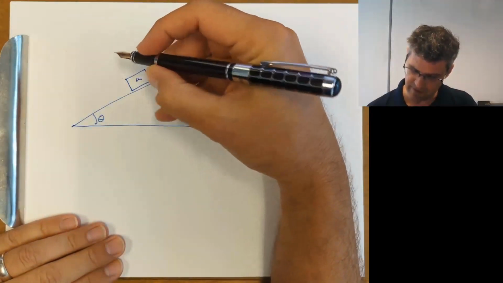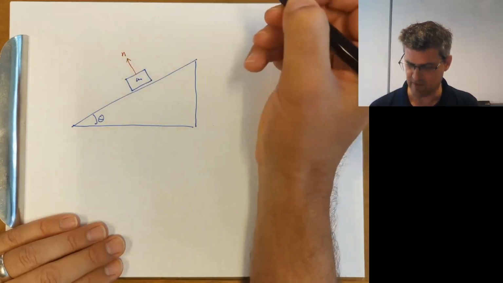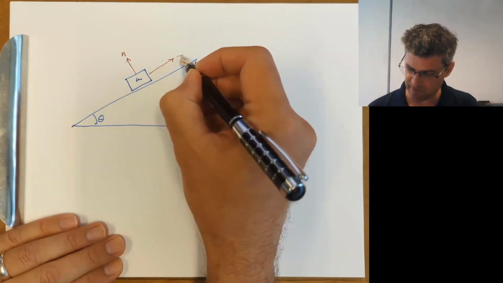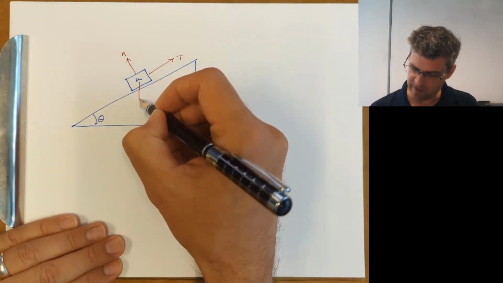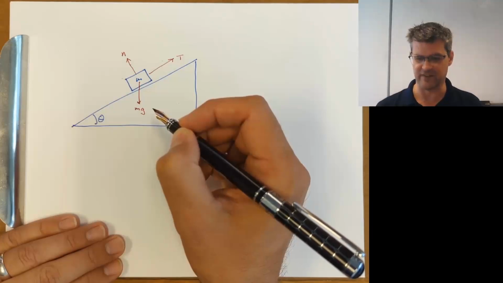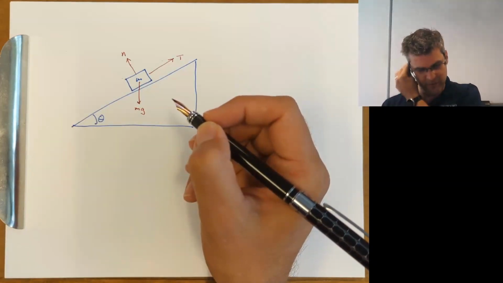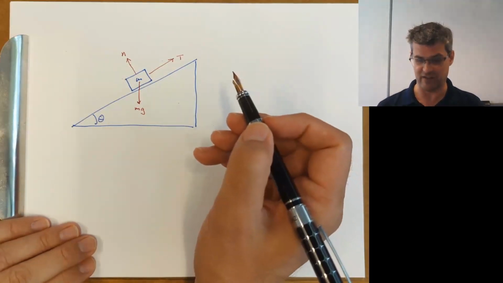So there is the normal force, which is this way. It's being pulled by a rope this way. We have some weight of this skier, right? And we need to figure out maybe what horizontal and vertical components of this are.